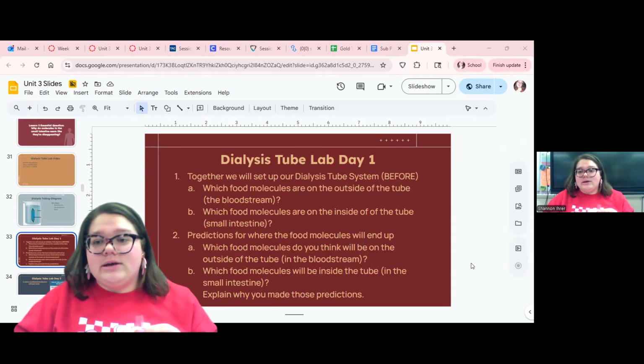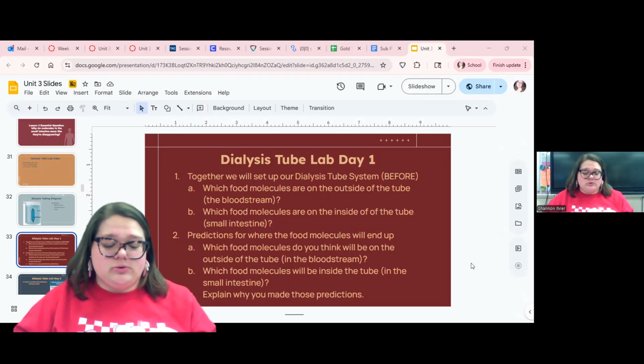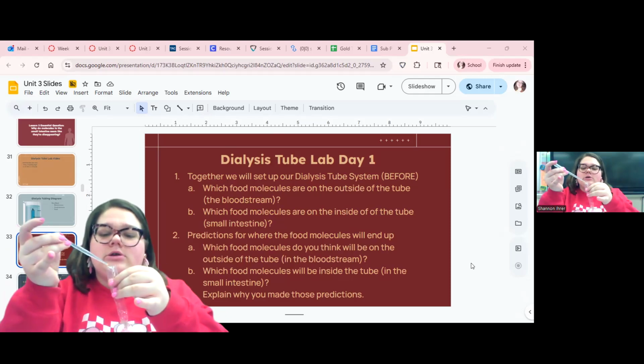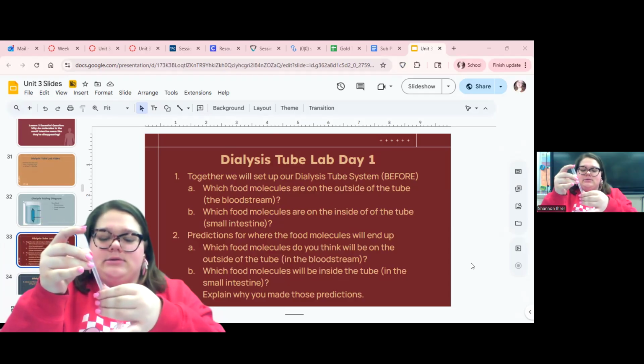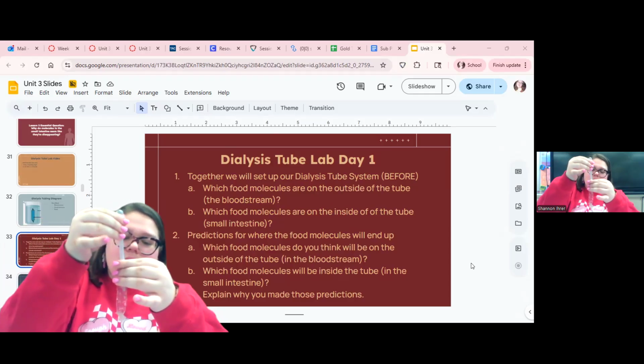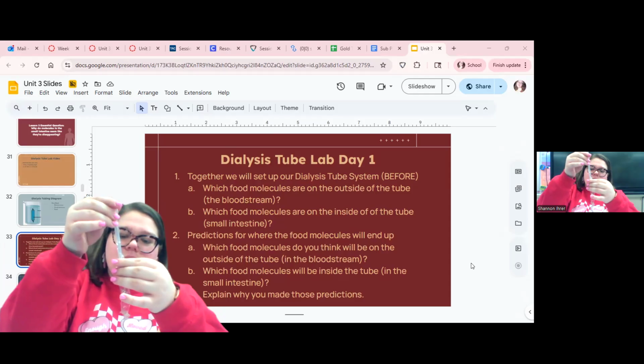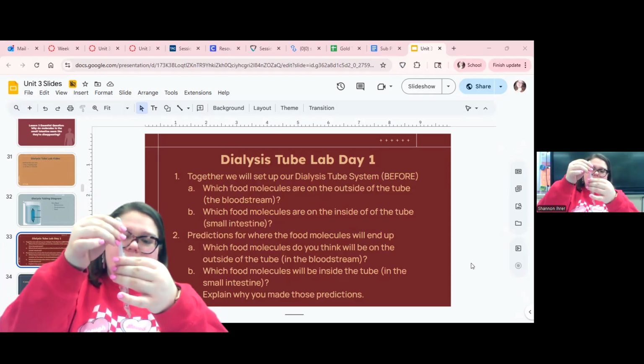The smaller sugar molecules are glucose and some larger sugar molecules, starch. So we are going to place that inside of the tube and work on filling it up.